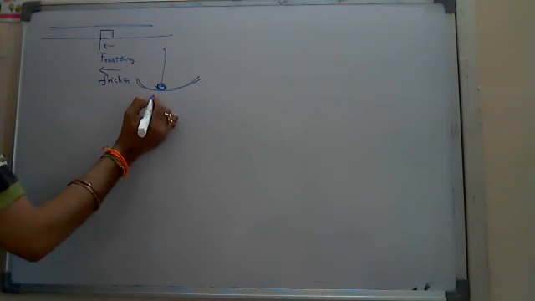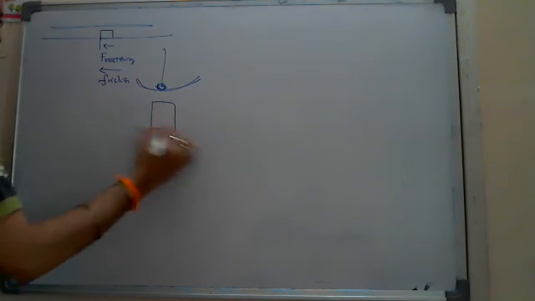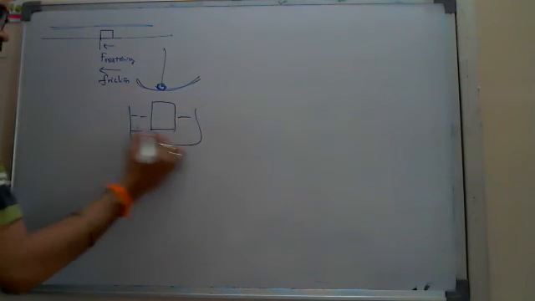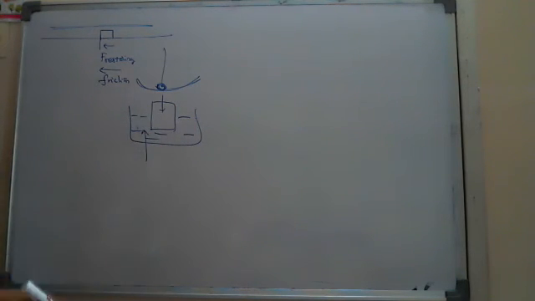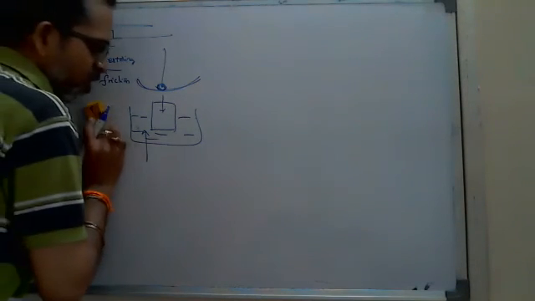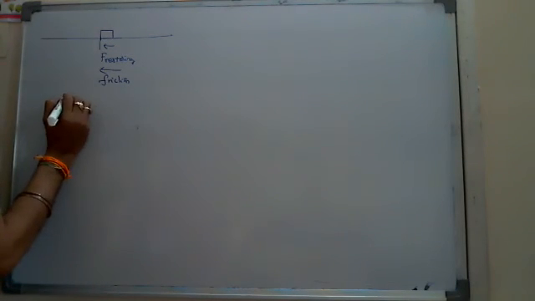Or the buoyancy force: suppose one block is placed in a liquid, you push it down and release, buoyancy force additionally acts. Suppose some extra force in addition to the restoring force acts, then the total restoring force I have to write.